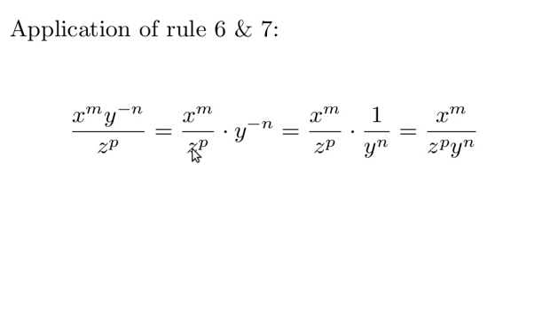But notice something: all we did was move this y with the negative n to the bottom. As long as we understand the rules, we could skip these two steps. They're not really necessary.